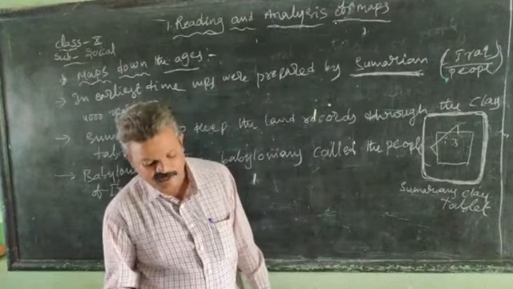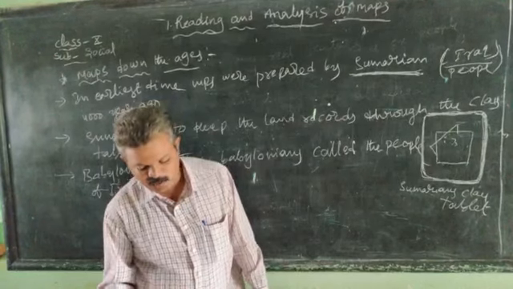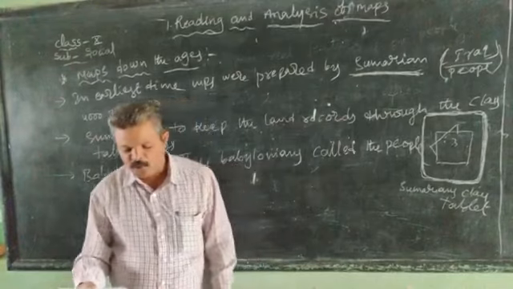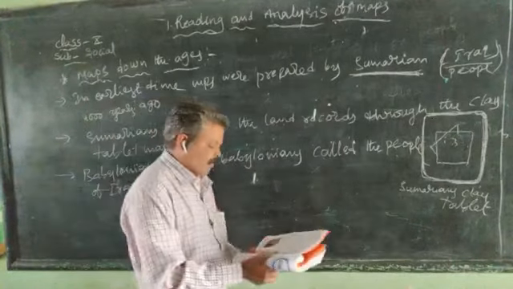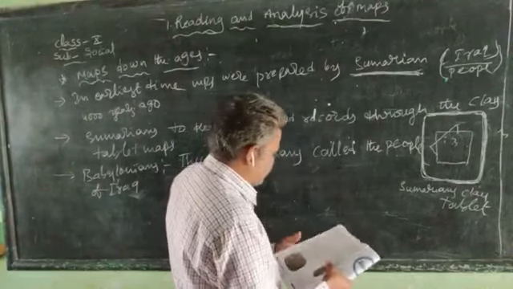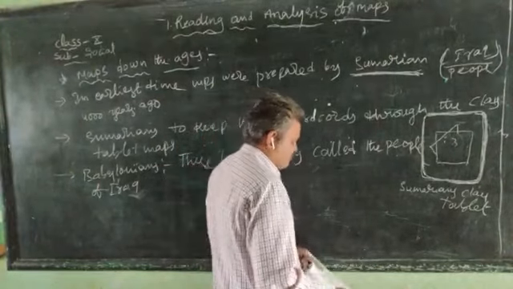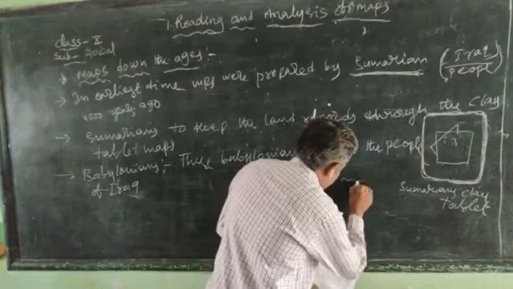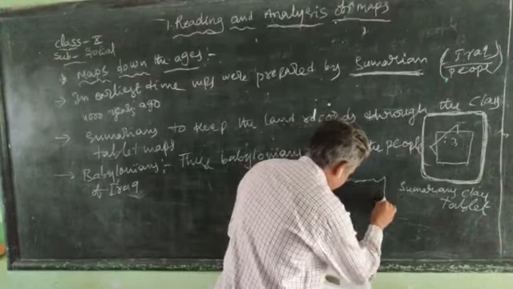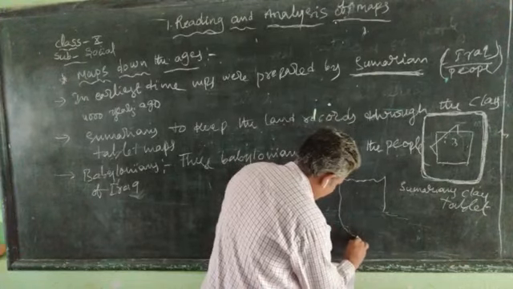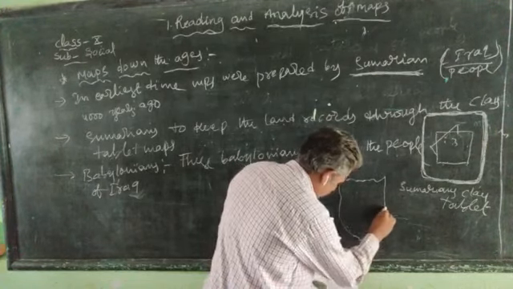The inner circle had all the cities, small villages, rivers, marshes, and mountains. The Babylonians also prepared a world map.